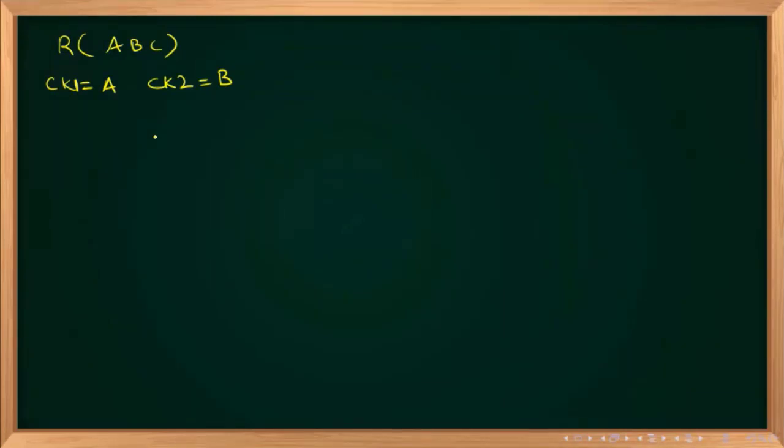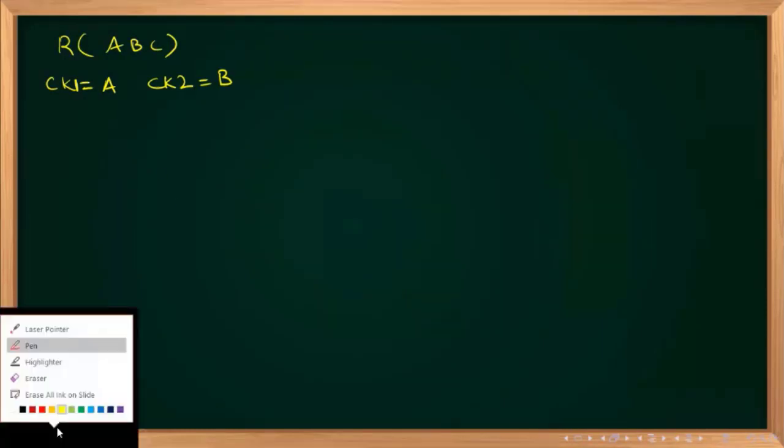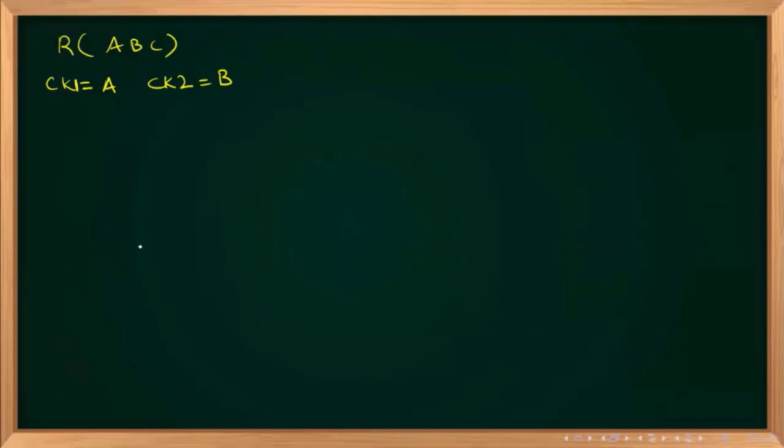Can you tell me how many super keys you can make from this particular table? How many super keys are possible? You have to tell me the number. Two candidate keys are there. Type the number.